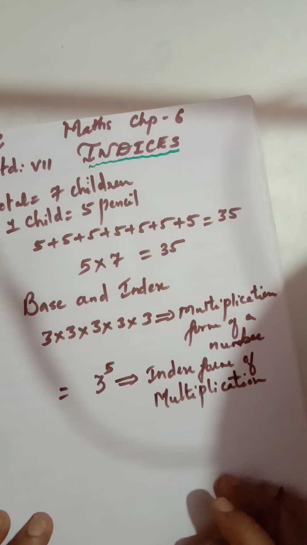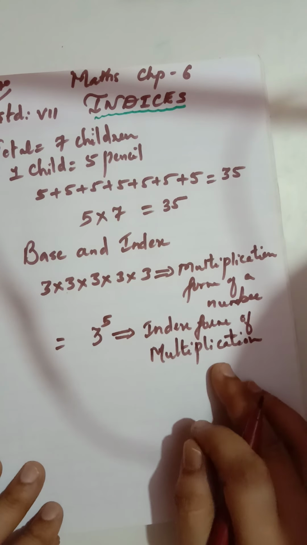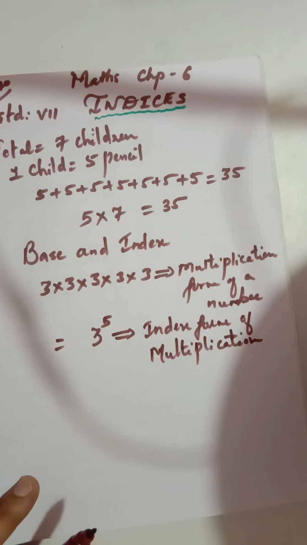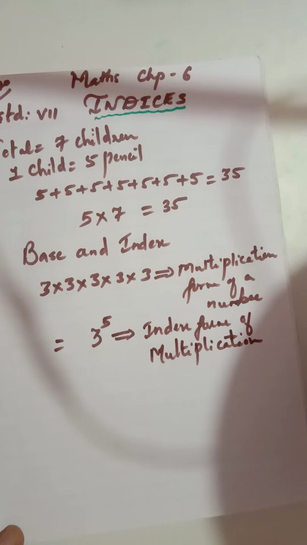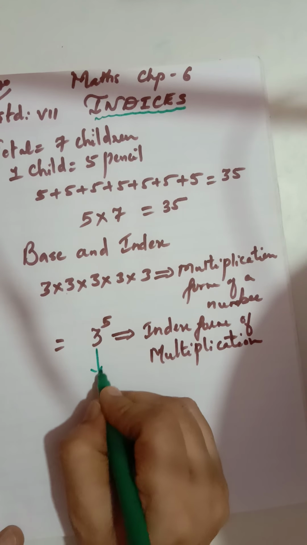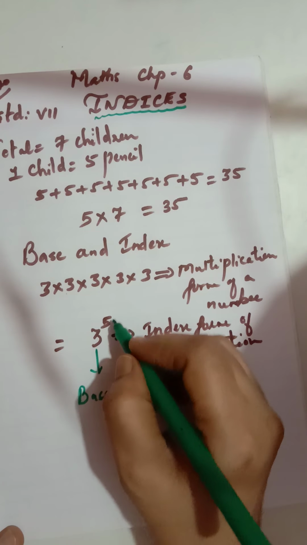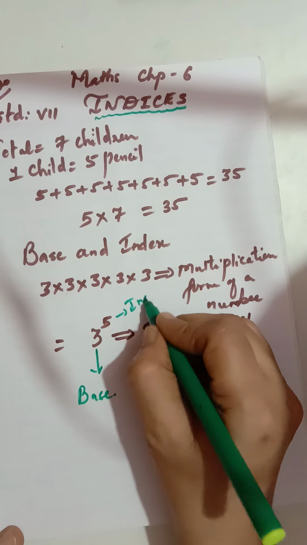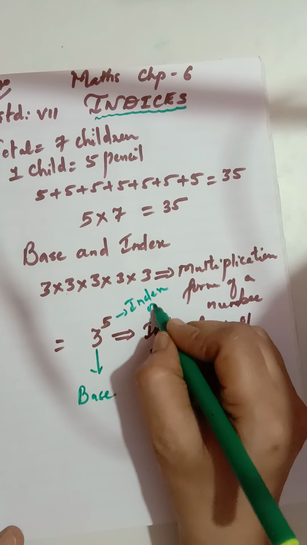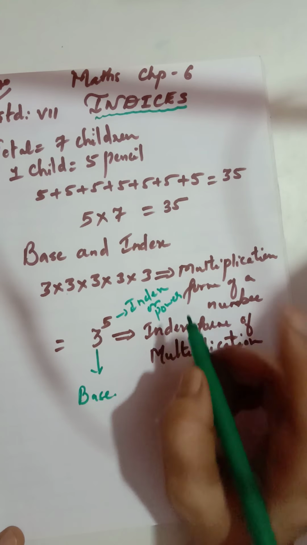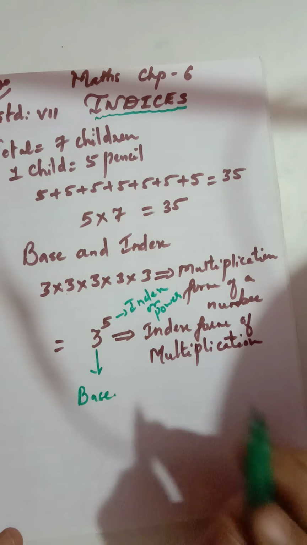So this is nothing but the index form of multiplication. Here see children, this 3 is called the base and this 5 is called the index or power. You can call it power or exponent; there are 3 terms you can use for this.